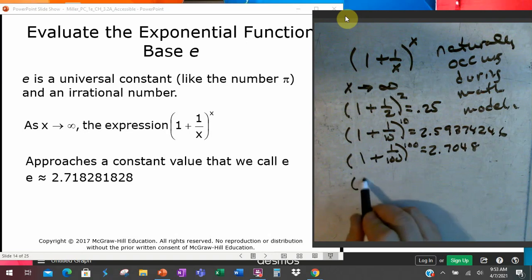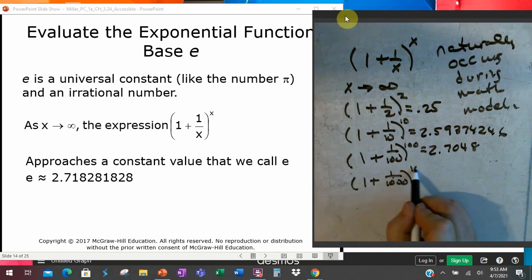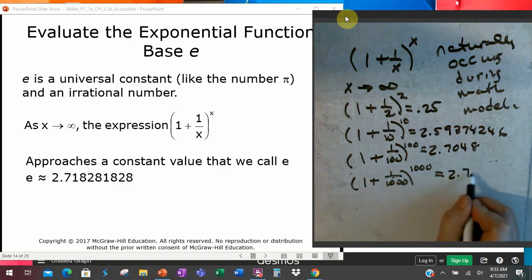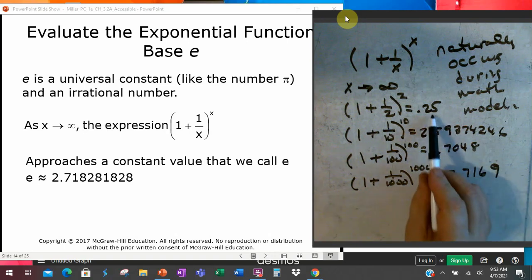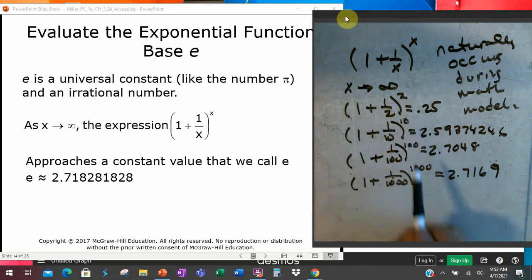And now if I do 1 plus 1 over 1,000, I'm going to bump this thing up and get pretty big here in just a second. This is 1,000. And I get 2.7169.